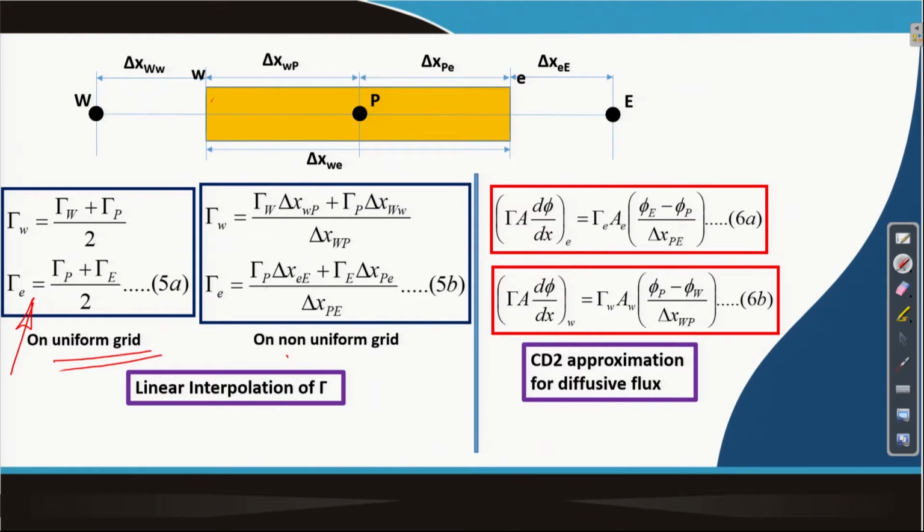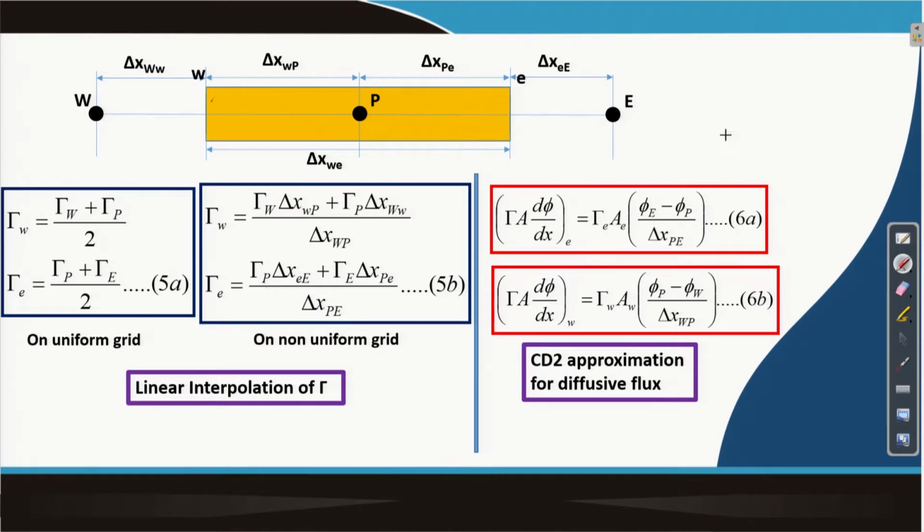However, if you have a non-uniform grid, then you would have to have suitable weightages to multiply the cell center values and then again divided by the distance separating the cell centers, which we have to invoke for obtaining the interface values. So, uniform and non-uniform grid calculations would vary based on whether we have to have these weightages in place or the weightage is very simple, it is just 0.5.